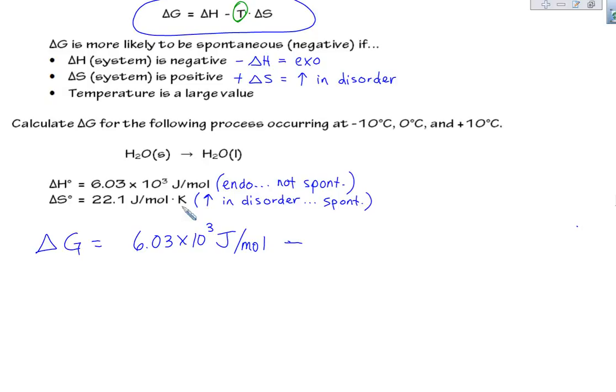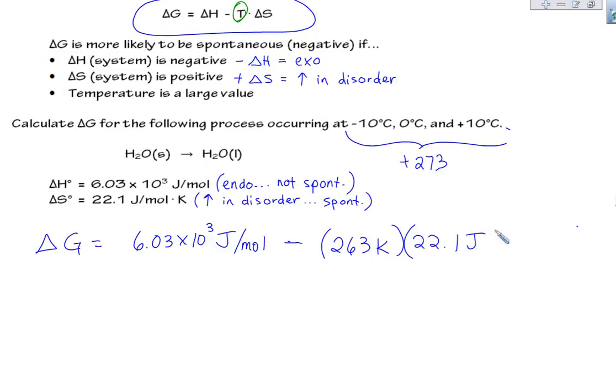So let's do the first one. -10. So we'll plug this in then as 263 Kelvin. There's my temperature. So all I'm going to do here is take each of these bad boys and add 273 to switch them from Celsius to Kelvin. And then we can just plug this in.